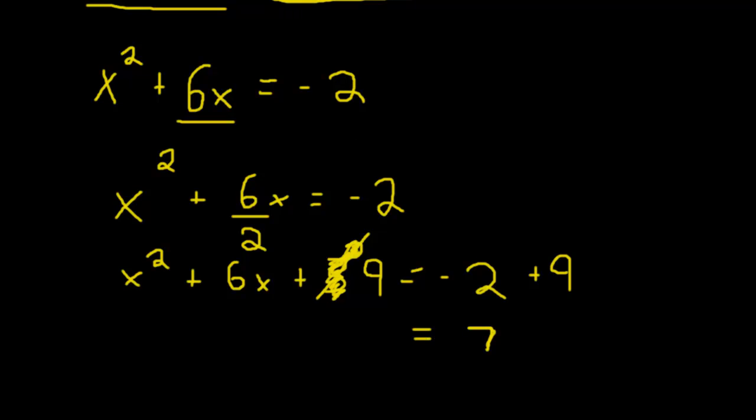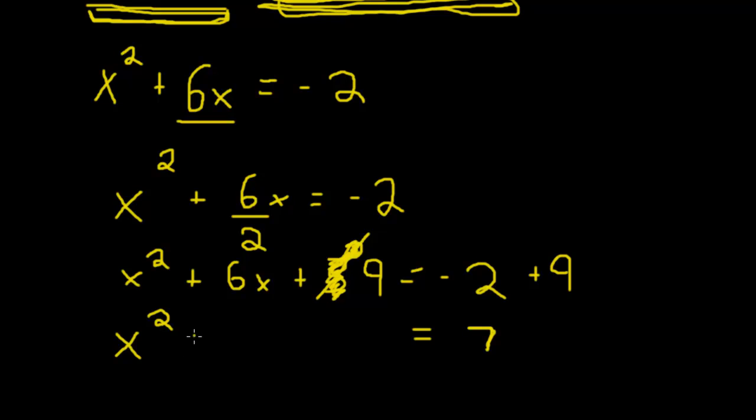Now that we have our equation in this top right form, we can switch around the variables to put it in the perfect square form. So that would be x plus 3, because a is 3, all squared, equals 7.